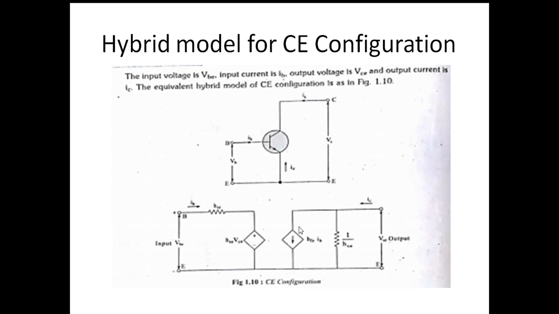One current is HFE IB, another current is HOE VCE. Therefore, these two currents are summed, so these two must be connected in parallel. Therefore, this is the complete hybrid model for common emitter configuration.